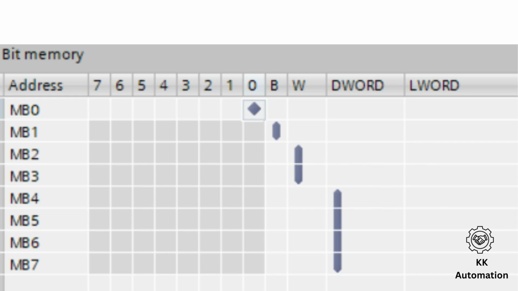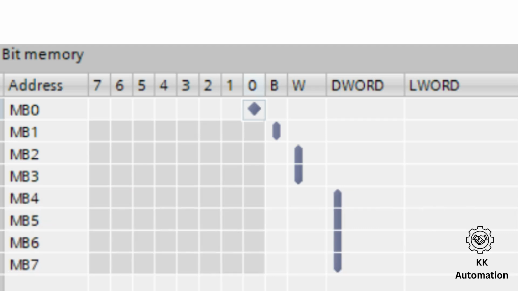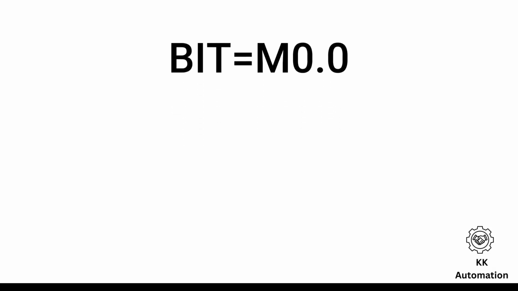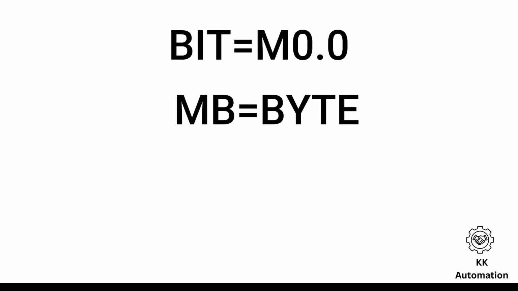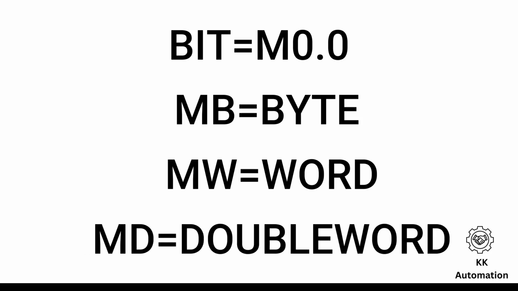A Double Word takes 4 bytes. Its address would be MD4 for memory double word 4. Notice how the address letter changes? M for bit, MB for byte, MW for word, and MD for double word. This tells the system how much space to grab, starting at that location.